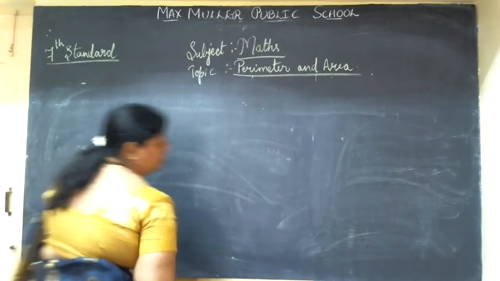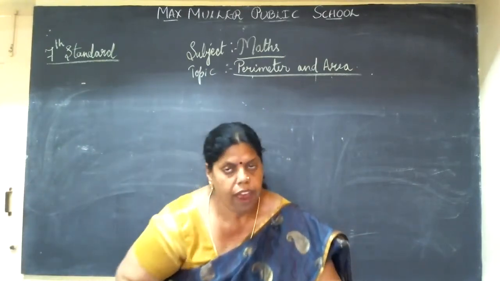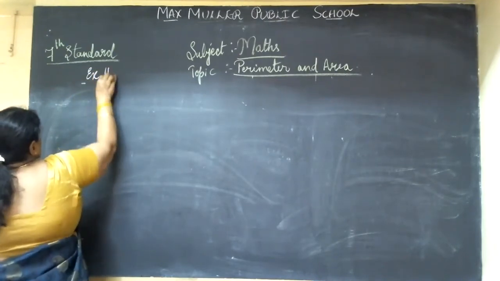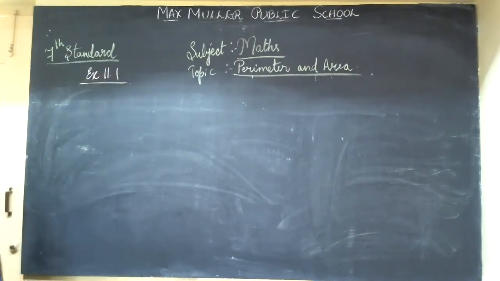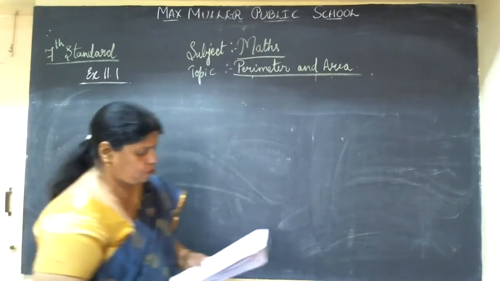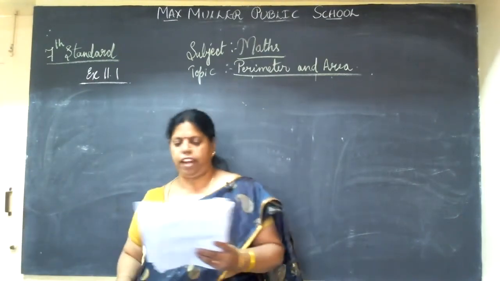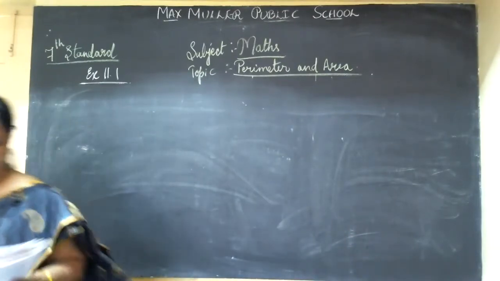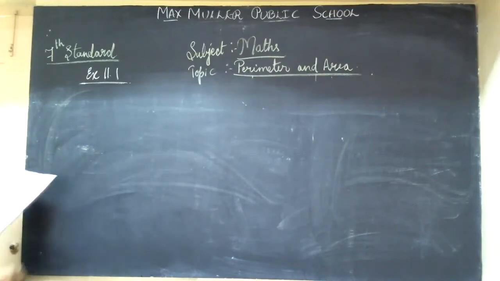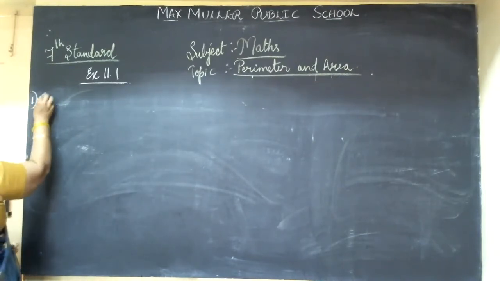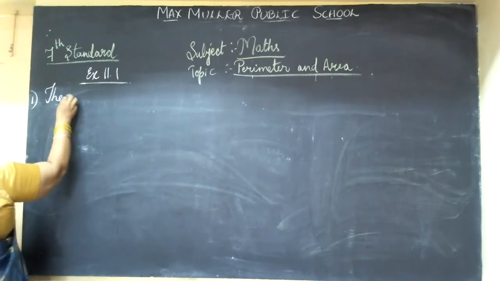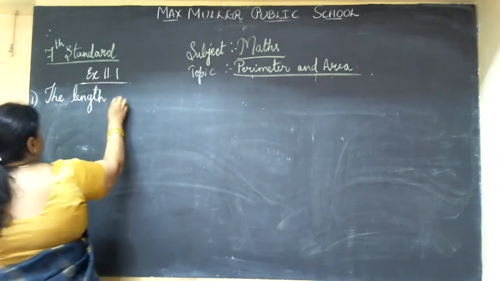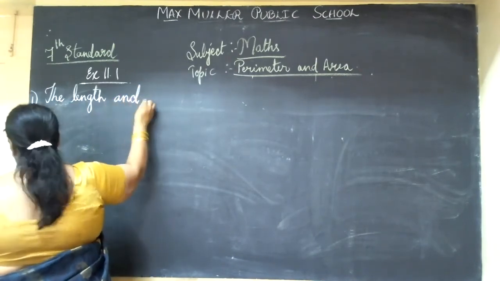Yes. Now come to exercise 11.1. First, the length and the breadth of a rectangular piece of land are 500 meters and 300 meters respectively. First one I am going to write. I'll write the question also, don't worry. Where to search, I know that. If madam writes it fully, we'll copy.